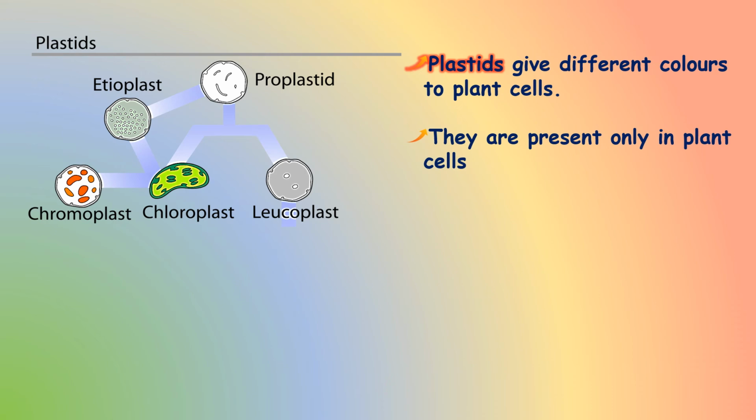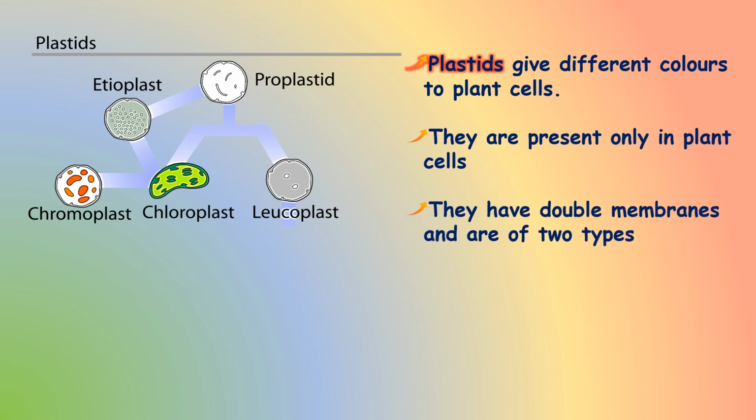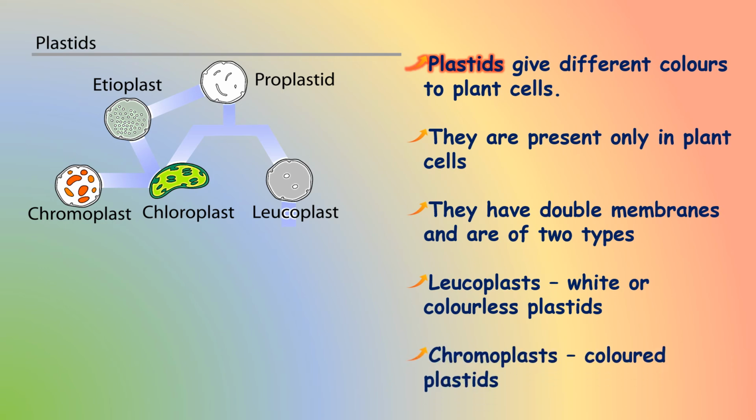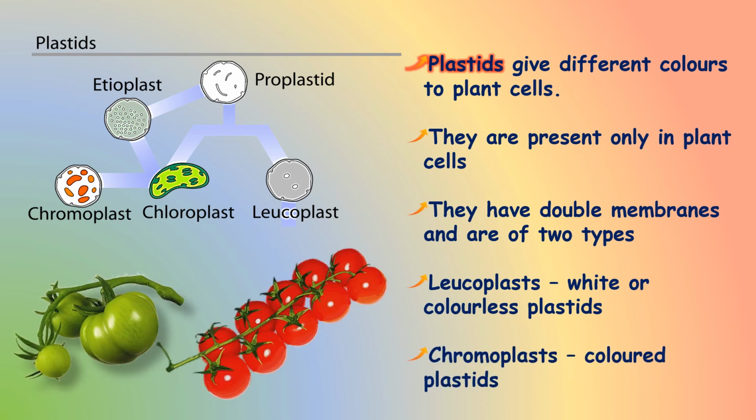Plants need the green color, orange color fruit, red color flowers, etc. Now, they have double membranes and are of two types. Two types of plastids are the leucoplast. They are white or colorless. And we have the chromoplast, which are colored. You can see the green tomato becoming a red one. So that is because of these chromoplasts.